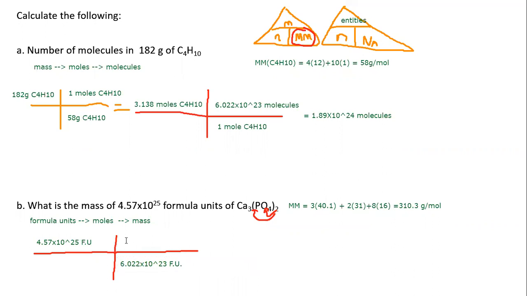And that's in 1 mole. So again, always recommended to use parentheses. Put parentheses 4.57, second x to the negative 1, type in the exponent 25, close parentheses, divided by 6.022, second x to the negative 1, 23, and we get 75.89 moles.